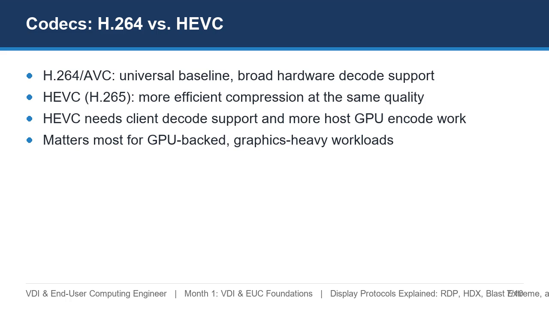HEVC generally compresses more efficiently at the same visual quality, which matters on bandwidth-constrained links or high-resolution graphical workloads, but it requires HEVC decode support on the client and adds encode overhead on the host, usually offloaded to a GPU. A general task worker fleet is fine on H.264. A GPU-backed pool serving CAD or media professionals is exactly where that trade-off starts to matter.